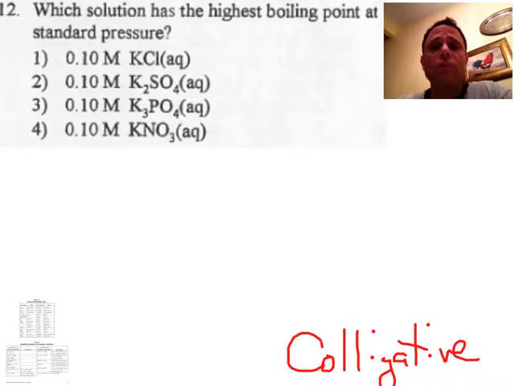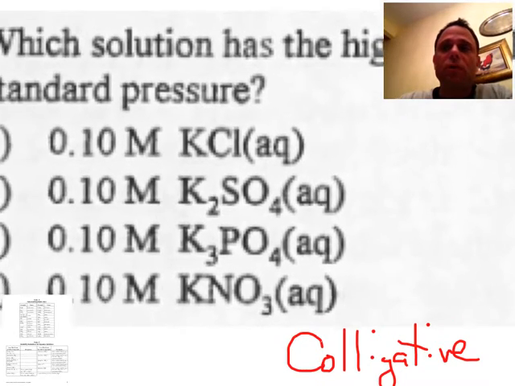Now, this occurs because you don't have water alone anymore. You now have particles standing in the way of the interactions of water to water. So we need to investigate these 4 choices and look for the one that breaks up into the most particles.